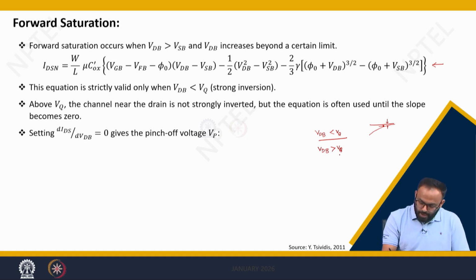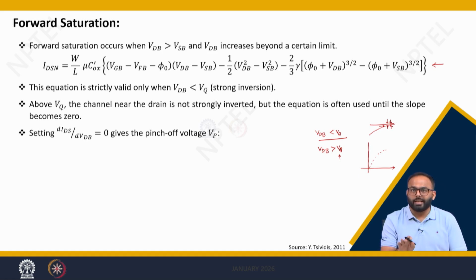Strictly speaking, beyond VP, the current is going to saturate because there is not enough space for the carriers to go through, right. This point can be calculated by considering the slope of the current to be 0.